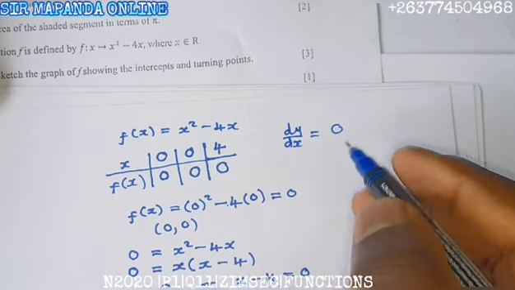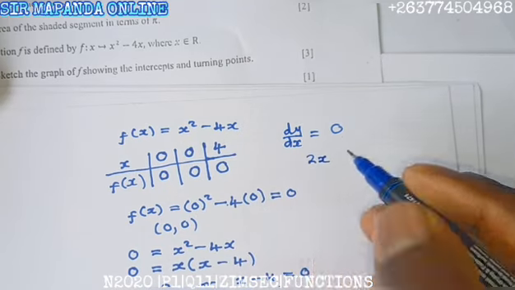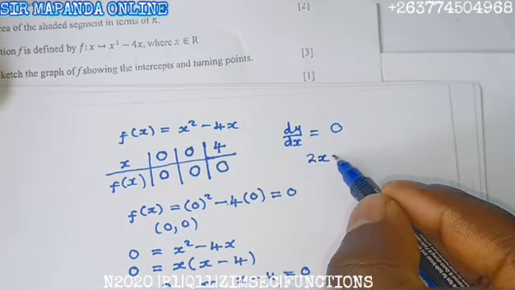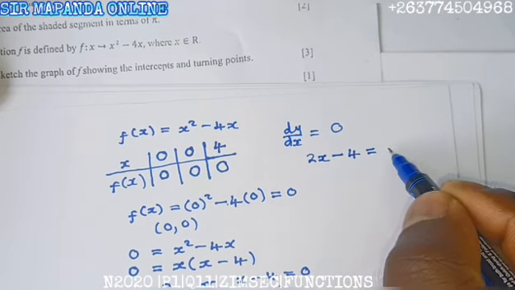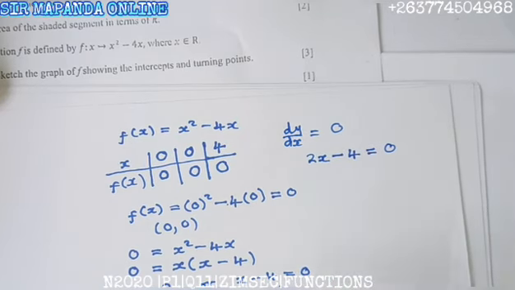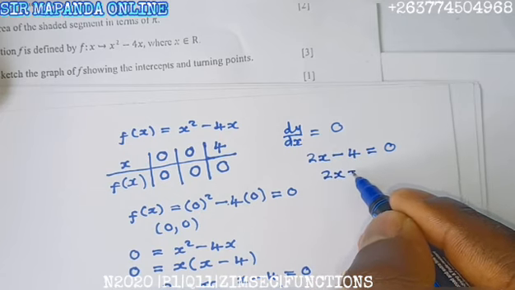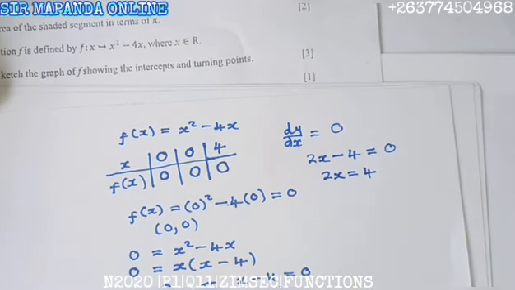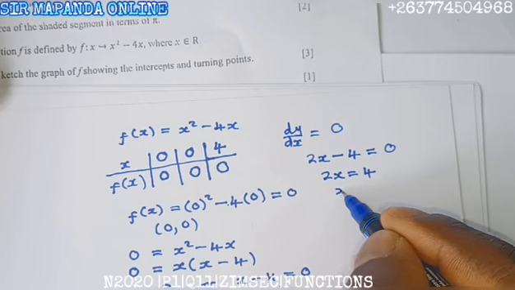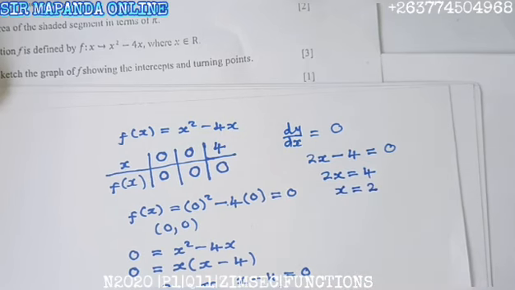The derivative of x squared is 2x. The derivative of minus 4x is minus 4. Then equate this to 0. You get 2x is equals to 4. Divide both sides by 2. You get x is equals to 2. This is the x coordinate of the turning point. I hope you are following.